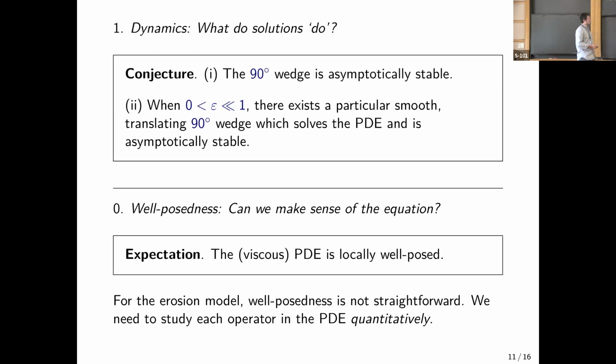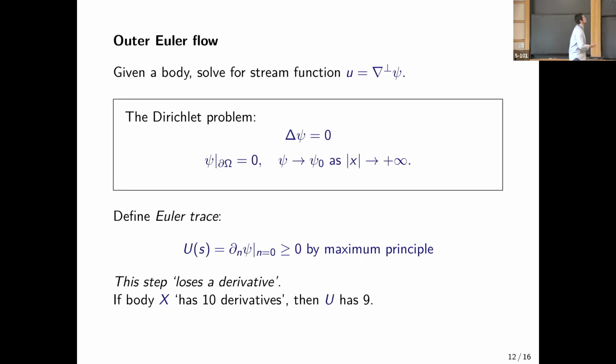This PDE is not so simple, and we expect that at least the viscous version is locally well posed. I have some expectation for the inviscid version as well, or rather for the version where epsilon is 0. But for this model, well posedness is not straightforward, and you need to understand each operator in the PDE very quantitatively.